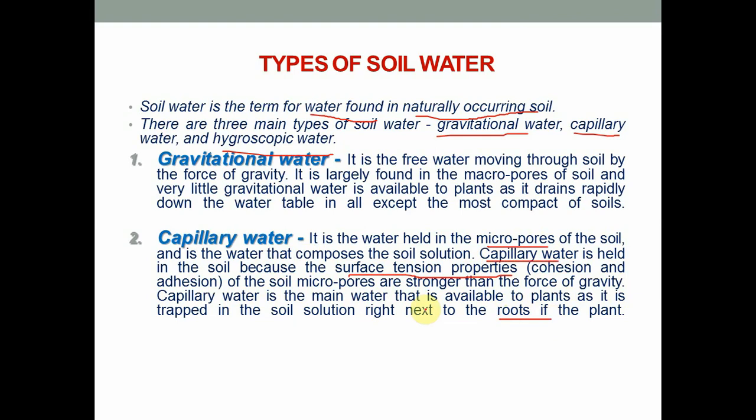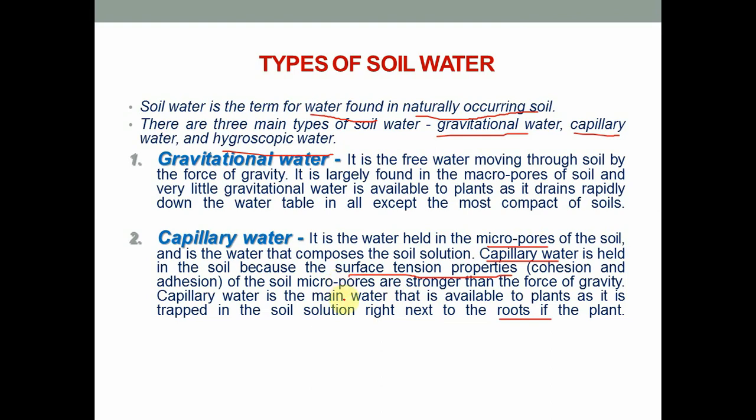So capillary water is the main water which is available to the crops or the roots of the crop. This is because the surface tension properties of the soil micropores, that is cohesion and adhesion properties, are very strong as compared to the force of gravity.